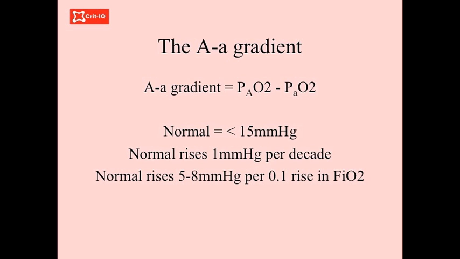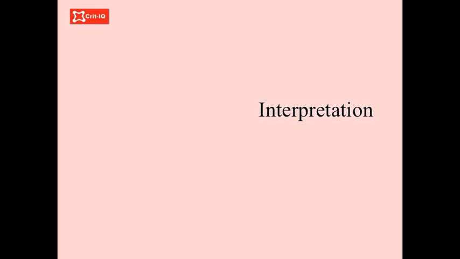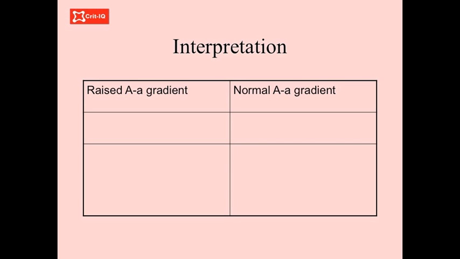It is clear from the above that the calculation is often exposed to biases that may cause inaccuracy. Consequently, large deviations may be significant, but smaller ones less so. A raised AA gradient implies problems in diffusion of oxygen across the alveolar membrane, i.e. the cause is intrapulmonary.